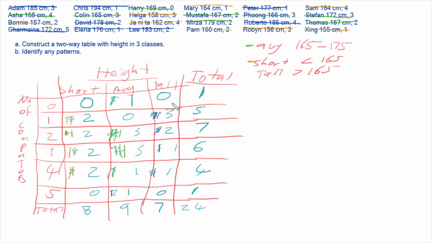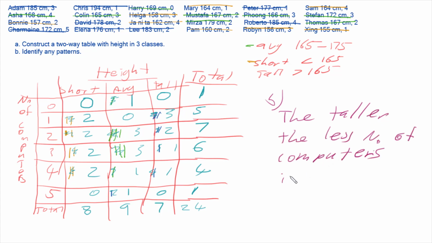Our tall people, if you're taller, you're less likely to own more computers. You've got 1 computer. And if you're average, you sort of have an average number of computers, about 2 or 3. So the pattern seems to show that the taller you are, the less computers you have. But that's just what the data seems to show.